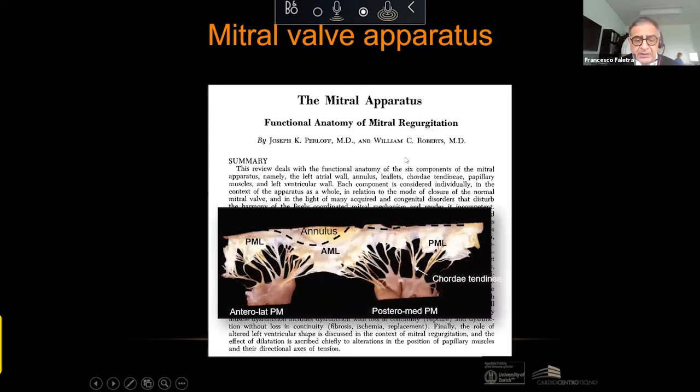And in particular, we will talk today about four structures: the annulus, the leaflets, the chordae tendineae, and the papillary muscle.